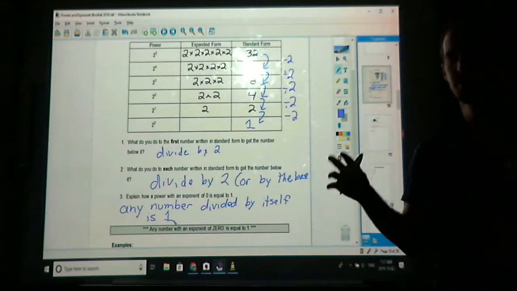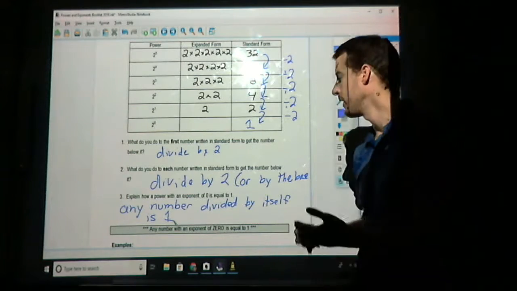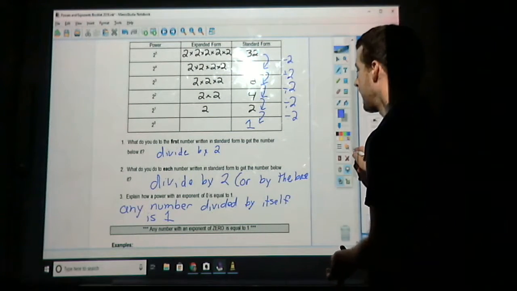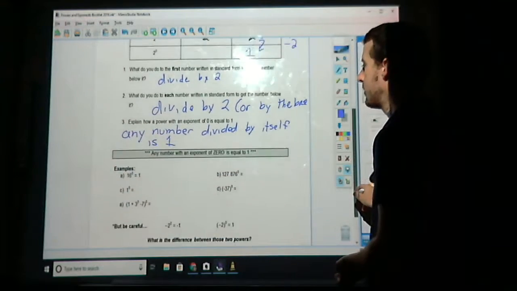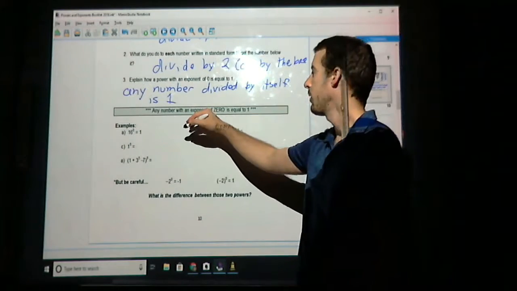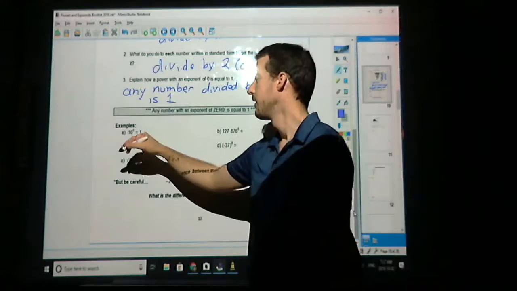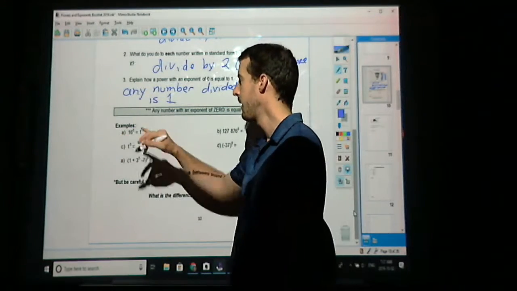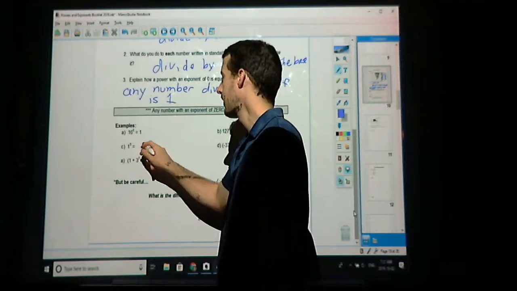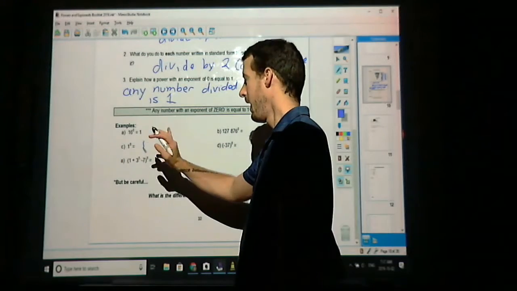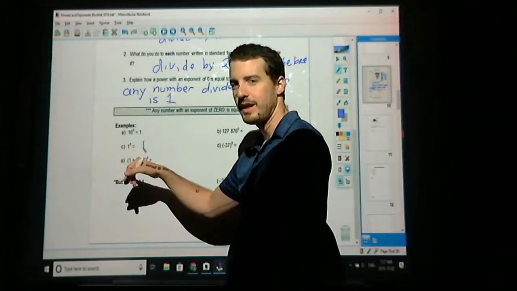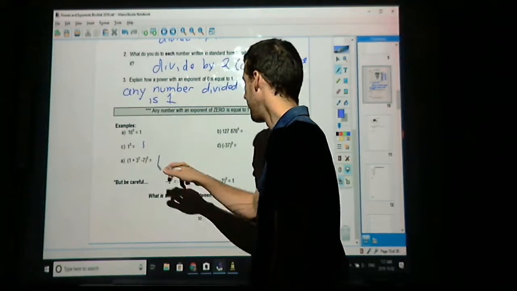We'll put some stars beside it because that is such an important rule, and it's going to really simplify your life. So anytime you have a number with an exponent of 0, it is equal to 1. All right, so 16 to the power of 0, 1. 1 to the power of 0, 1. Any of this, all of it in brackets, to the power of 0, 1.